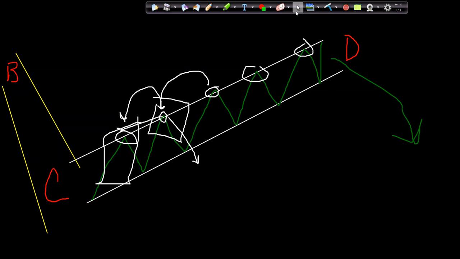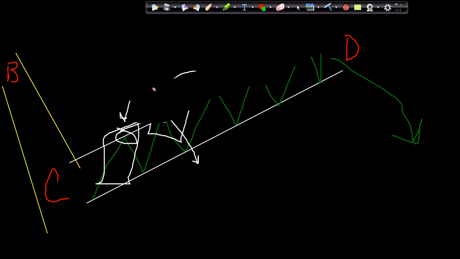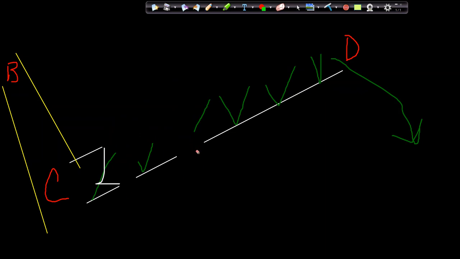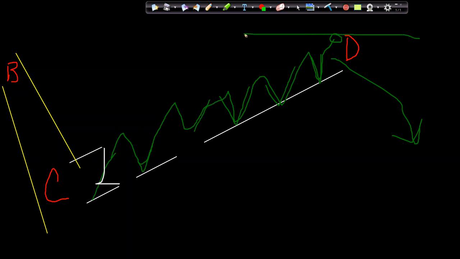So what that really means then is, in terms of line drawing, I'm finally up here with the D. There's an entry line somewhere close by.